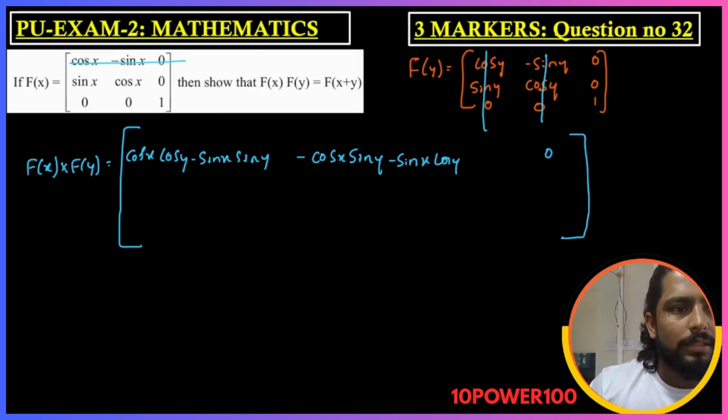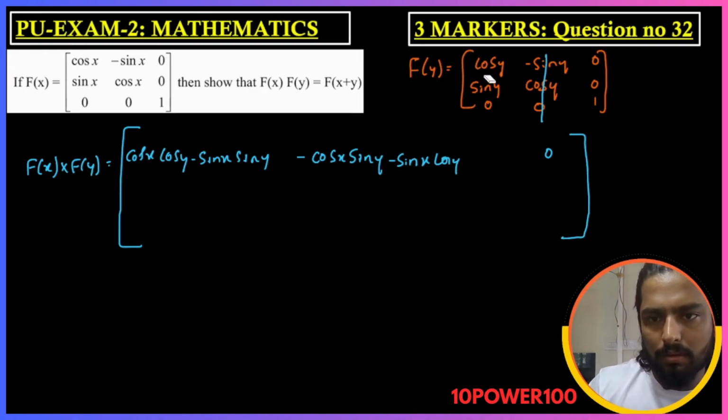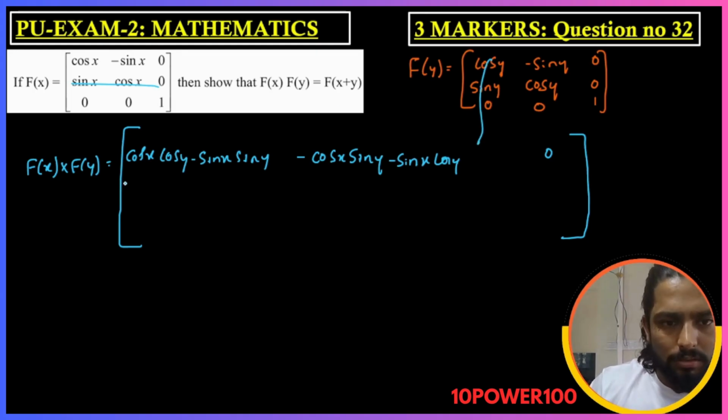Now second row, first column. So sin x into cos y, next cos x into sin y, plus cos x into sin y. Next 0 into 0 is 0.